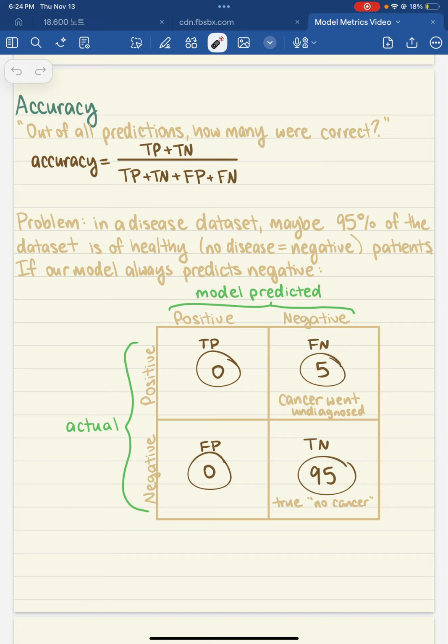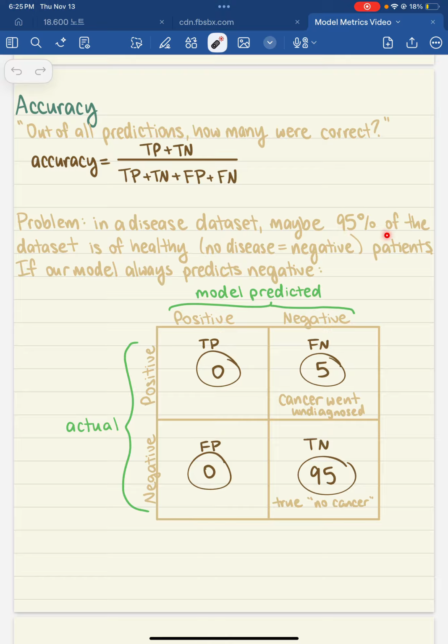Now that is great for the most part, but the problem is if you have a data set that's very unbalanced. So in our disease example, let's say that maybe 95% of the data points are from people without cancer, because more people don't have cancer than have cancer.